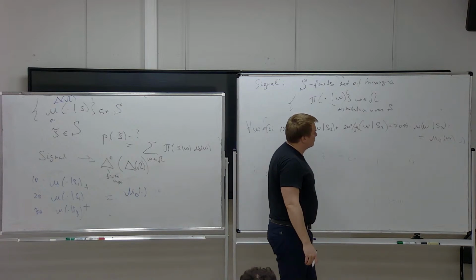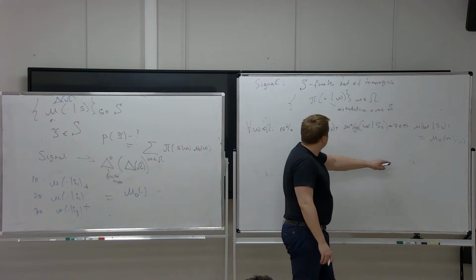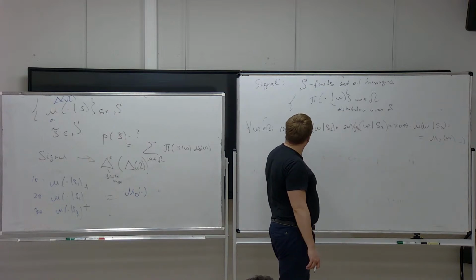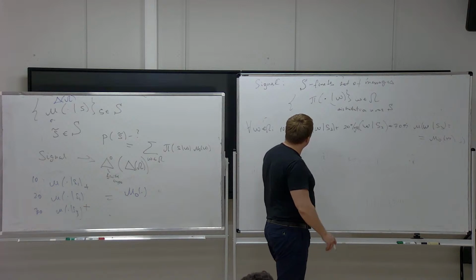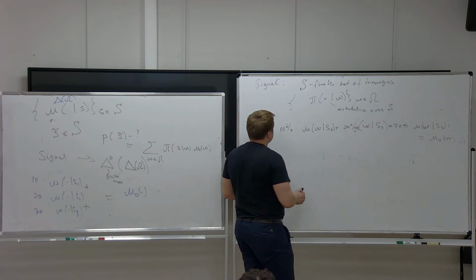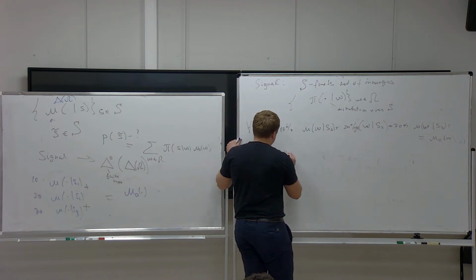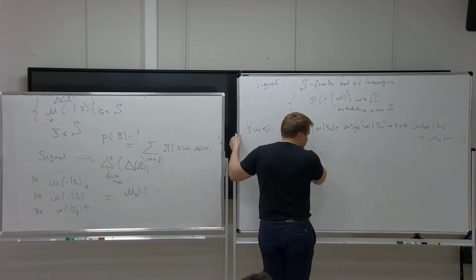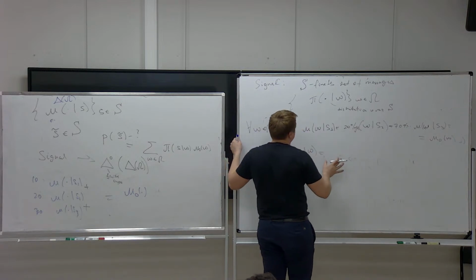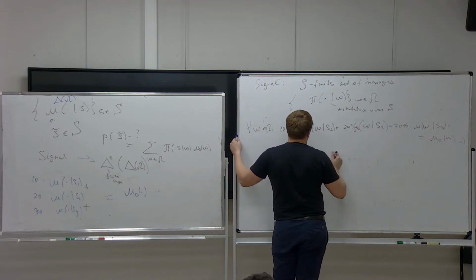I get omega with probability this much, and I see S1 with probability P of S1 conditional on omega, which becomes the ex-ante probability of me seeing omega and S1 together.